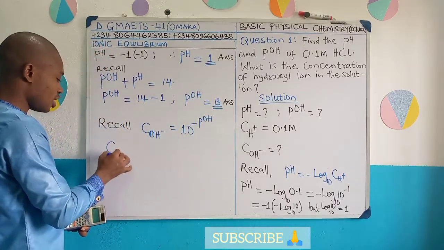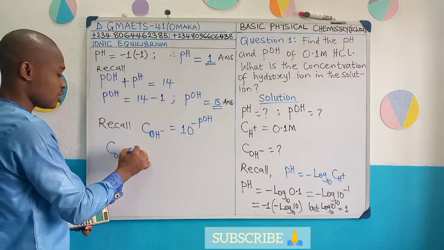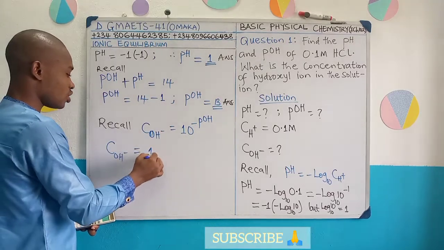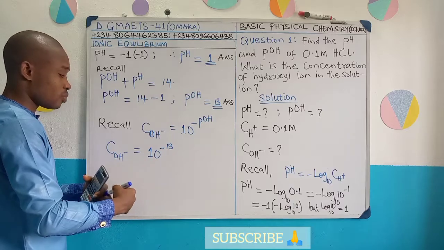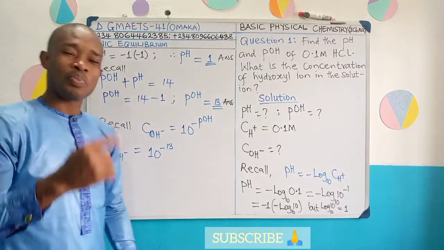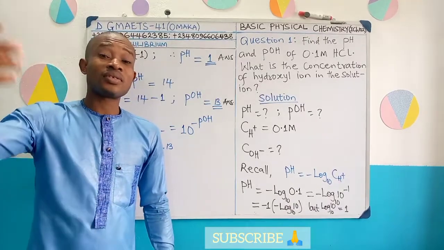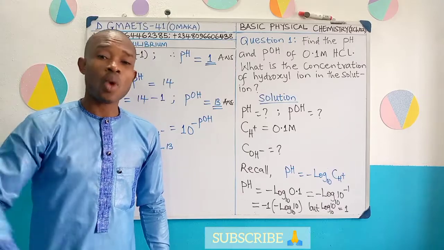So the hydroxyl ion concentration of this solution is going to be 10 to the power of minus 13. Alright, 10 to the power of minus 13, which is about 0.00000, 13 zeros, before 1.